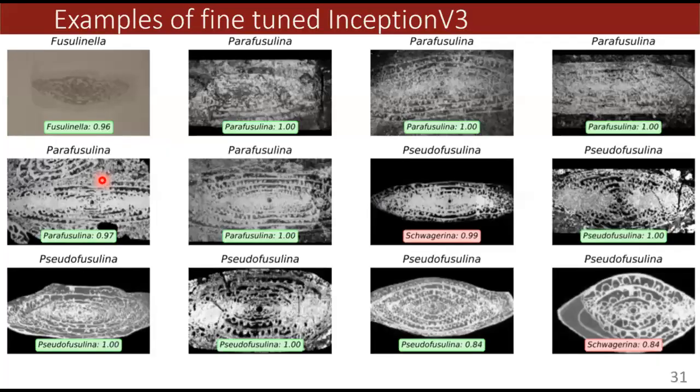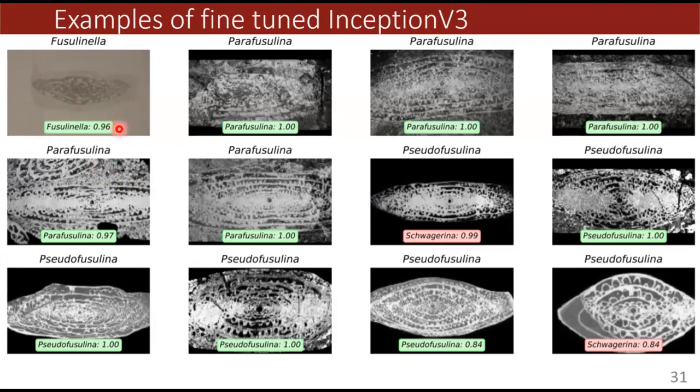And using the fine-tune technique, we actually got good results for the fusulinids. So these are fusulinids. The way that this image is set up is that the title of the image here is the genus that was provided by the original publication. And the box below here is the class that was assigned by the model. So the class is actually the genus here.